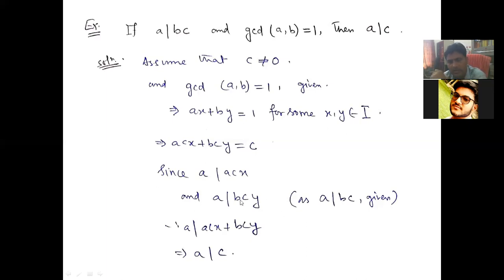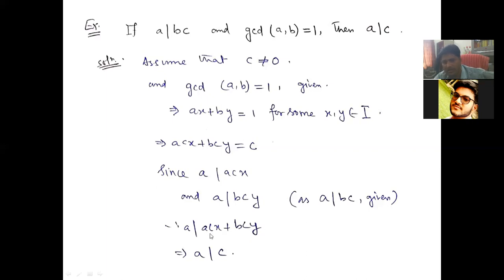Okay, so A into BC of Y. A divides ACX, A divides BCY, A must divide ACX plus BCY, दोनों के सम को भी डिवाइड करेंगे. 1 into this plus 1 into this हो गया. A divides this and A divides this, तो A divides this plus this.